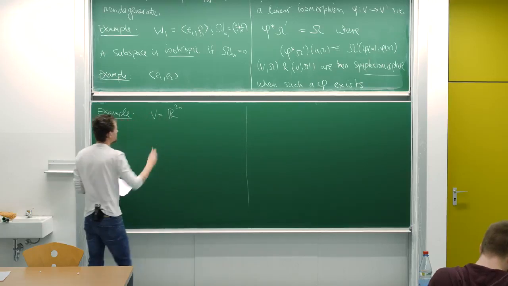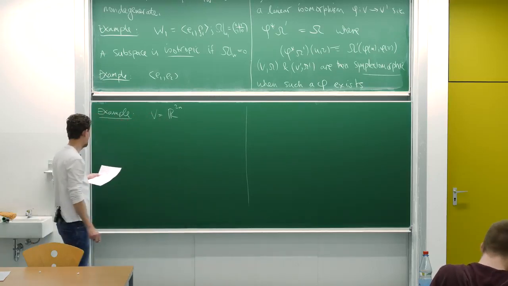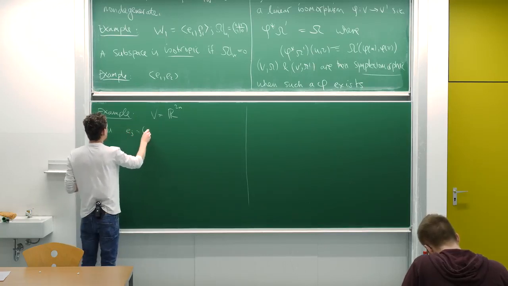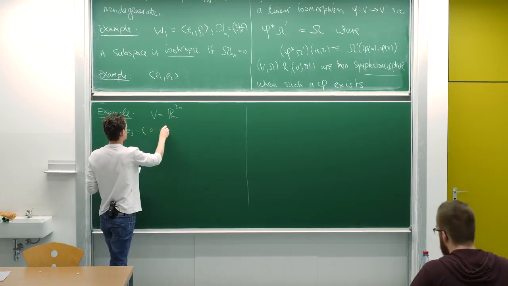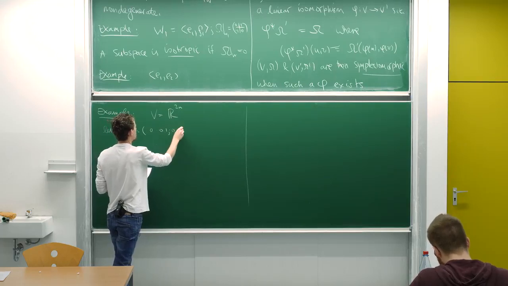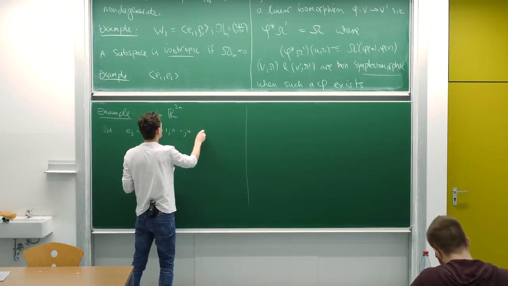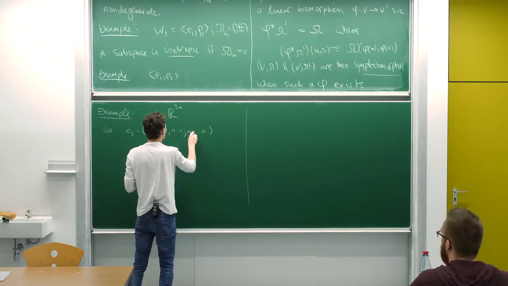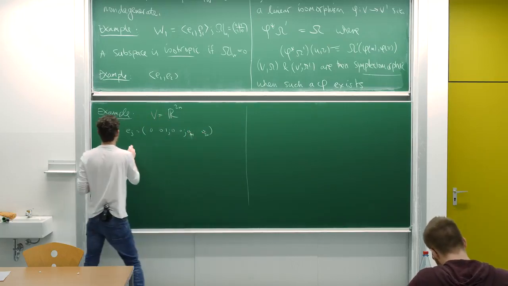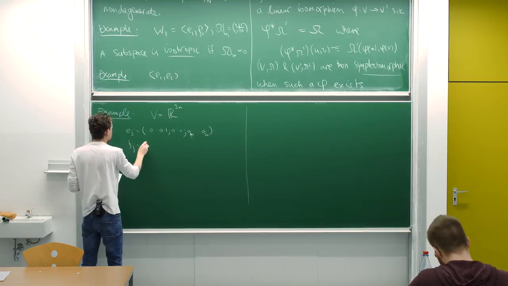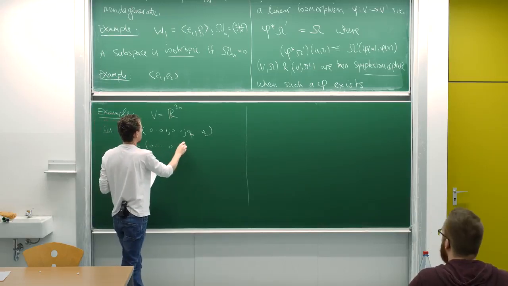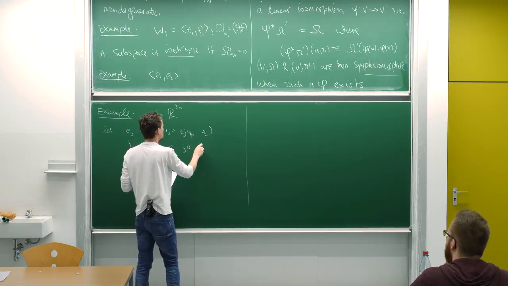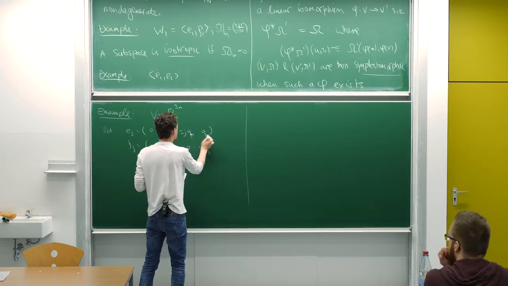So let V be R to the 2n, and let Ej be all zeros but one in the jth position, and Fj equal, this is nth position here, n plus j.